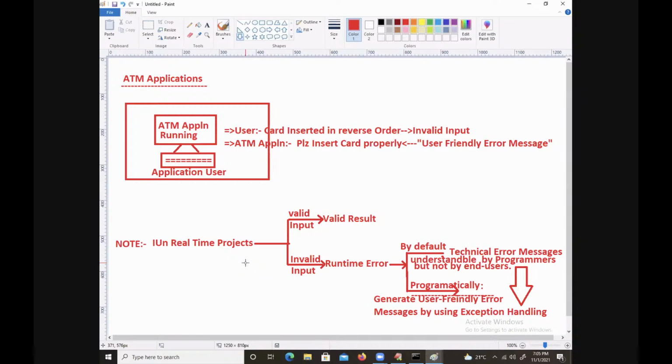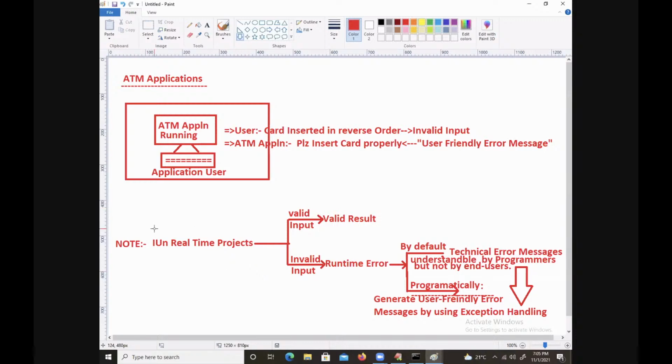To convert technical error messages into user-friendly error messages. The process of converting technical error messages into user-friendly error messages is known as exception handling.